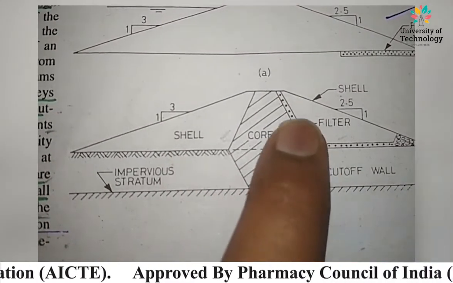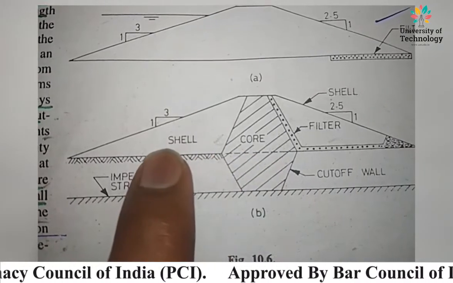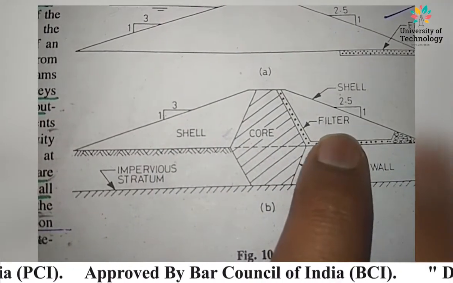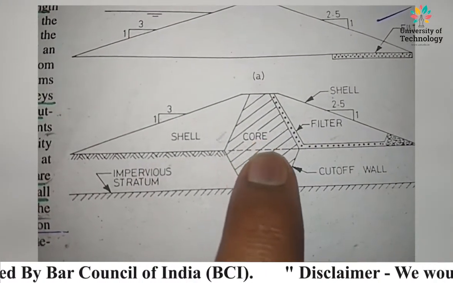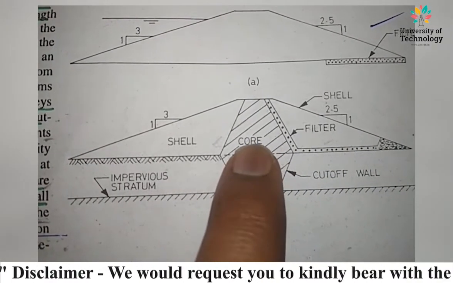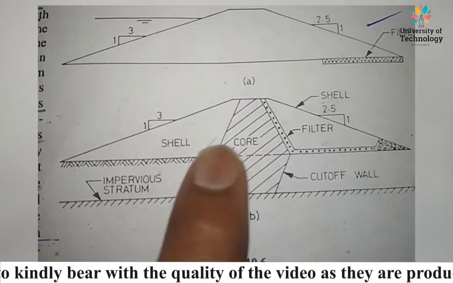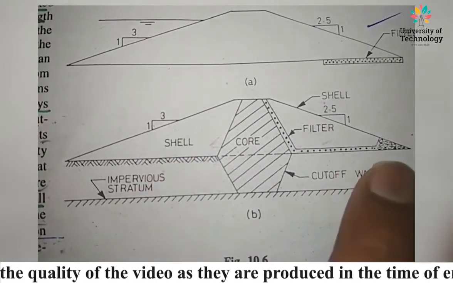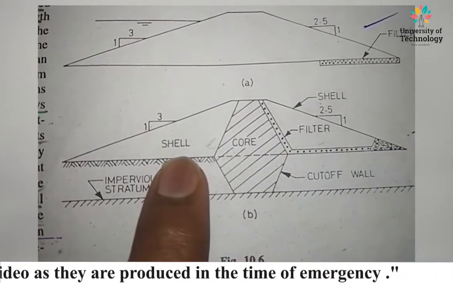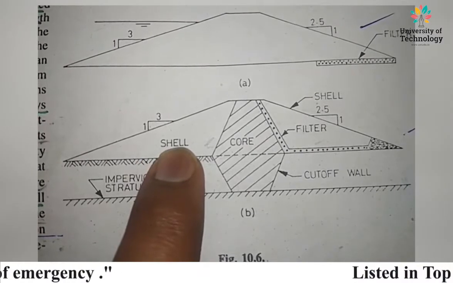So this part between the shell on both sides is known as the impervious zone, also known as the core. On both sides, the pervious zone is present in the form of earth material, and this portion is known as the shell.